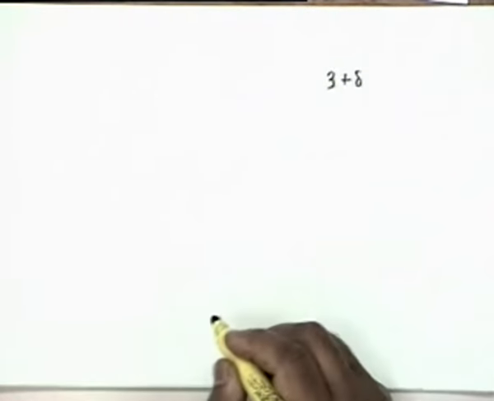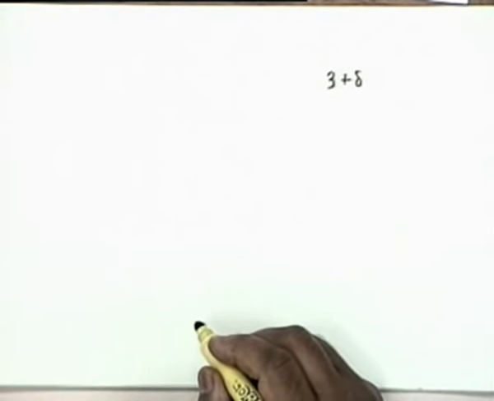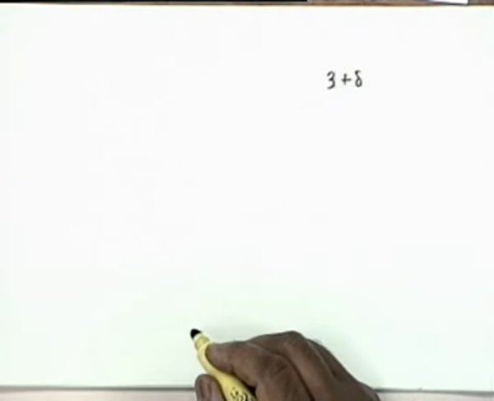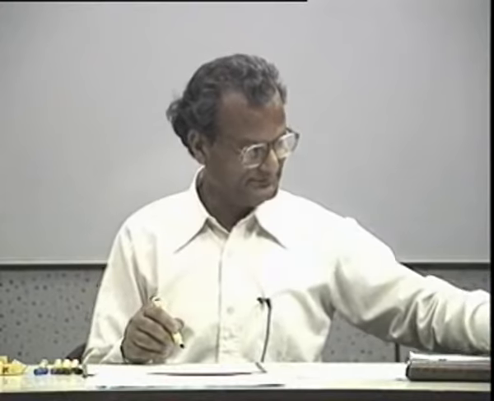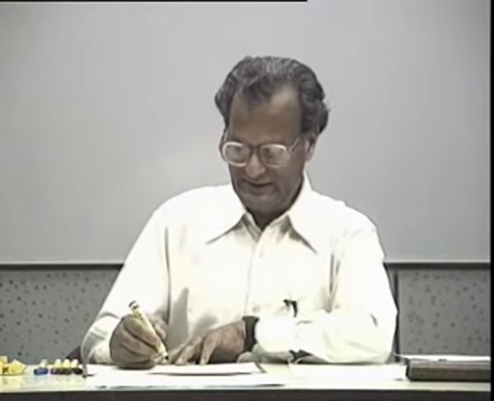Now in order to stop this, what one does is the gain is made slightly greater than 3, 3 plus delta, and a practical arrangement would look like this. Let me show you the arrangement, then I will explain.